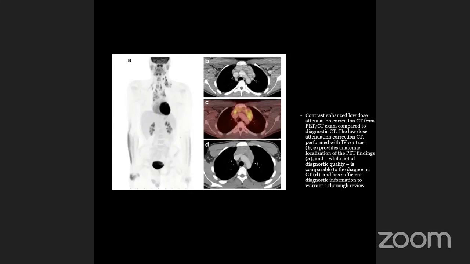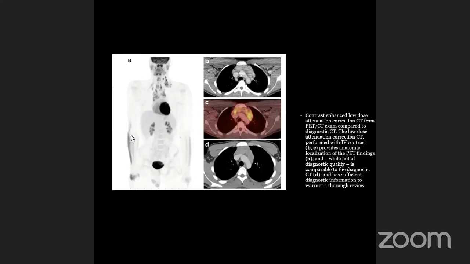This means that this patient has active lymphomatous disease, supradiaphragmatic. This is the beauty of PET, that in one single image you can see, for example, that there is no infradiaphragmatic disease and no spleen involvement.